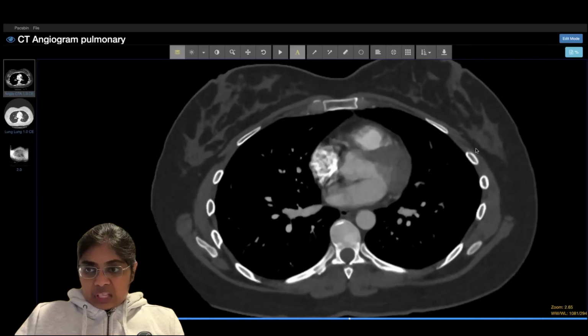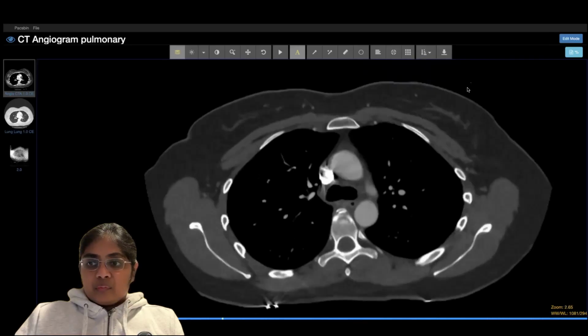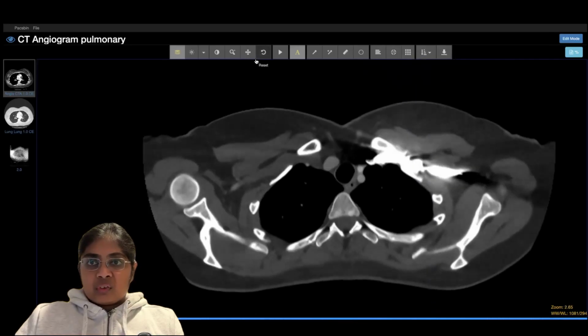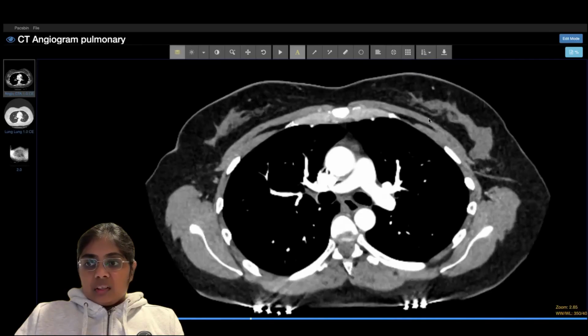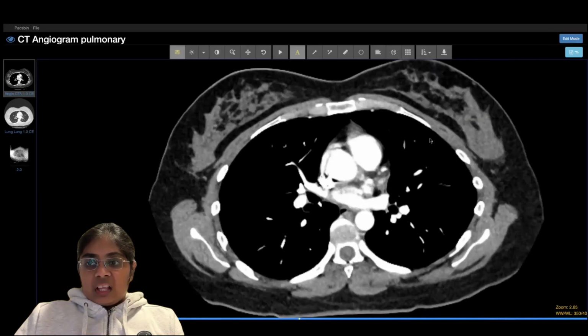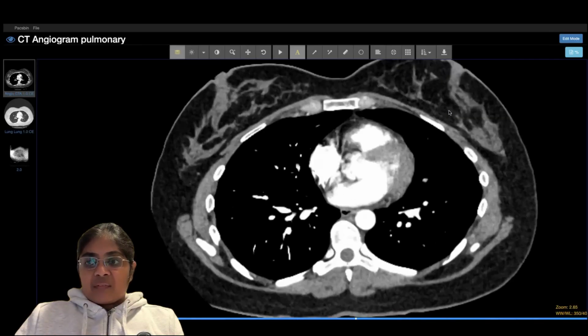Once we've done that, another important structure to remember in the mediastinum is the esophagus, and ensure that you have a careful look at that.